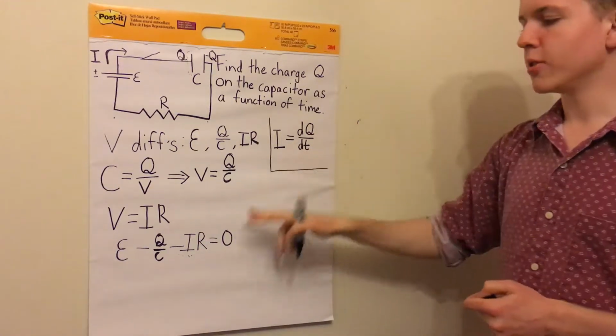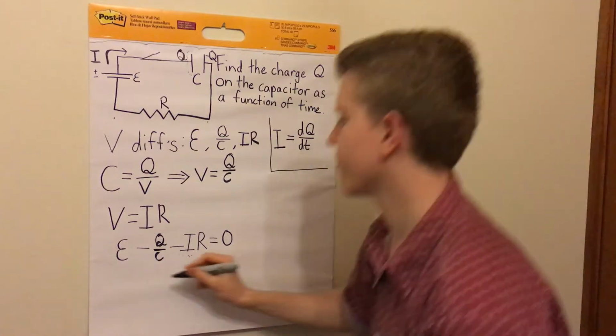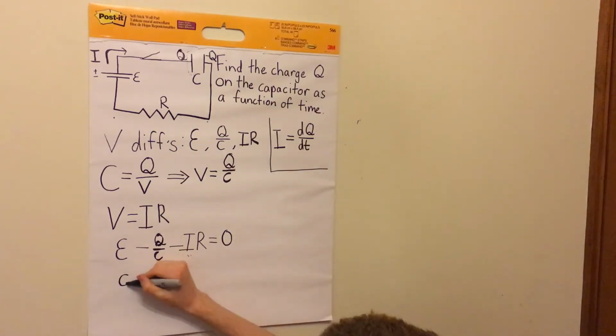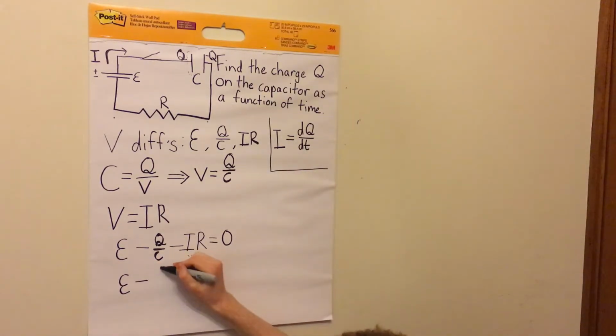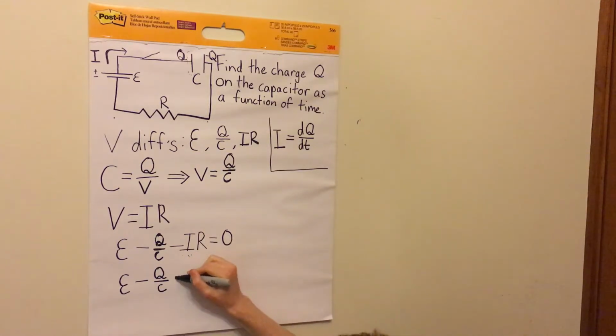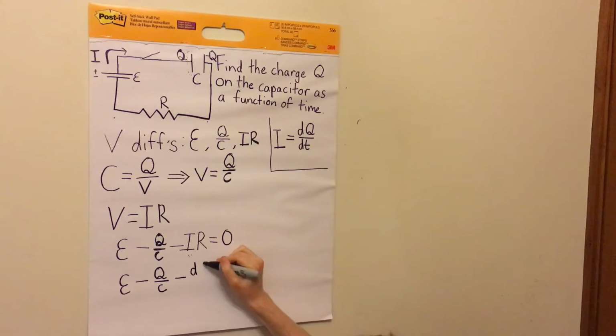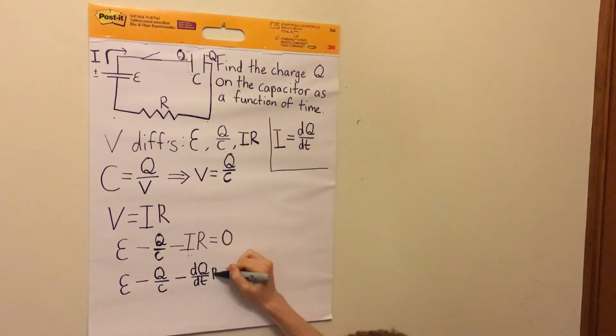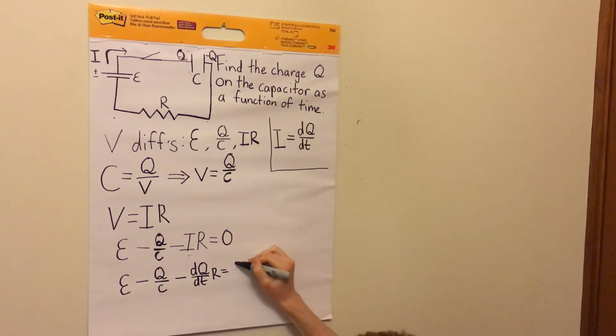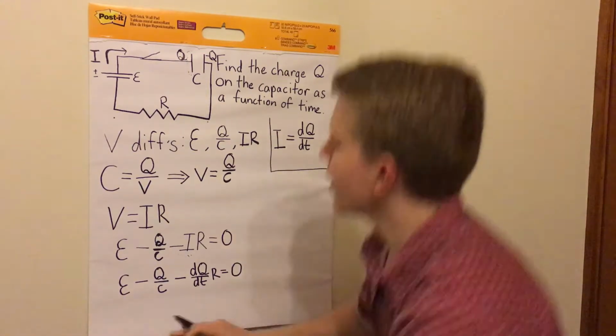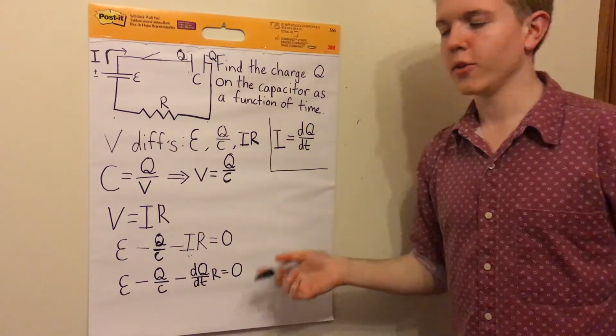So now let's substitute that into our nice little equation. E minus Q on C minus dQ/dt times R equals 0.